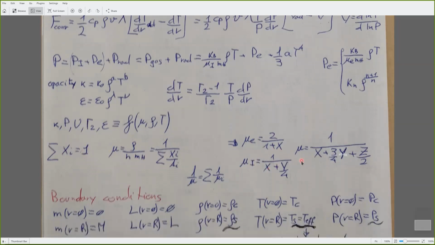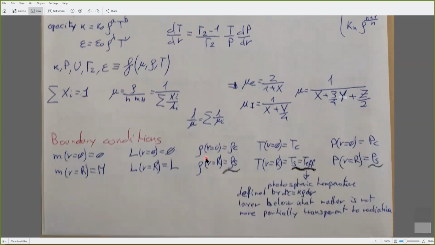All this stuff is combined with the boundary conditions. At the center, the mass is 0, obviously, and the luminosity is 0 also, because luminosity is the energy flux multiplied by the surface, and the surface at the center is 0, so definitely it's 0.